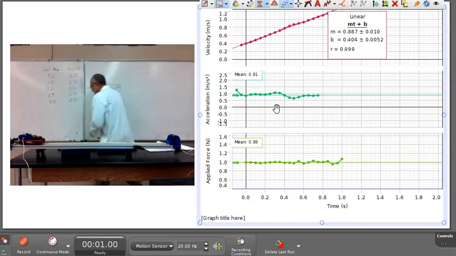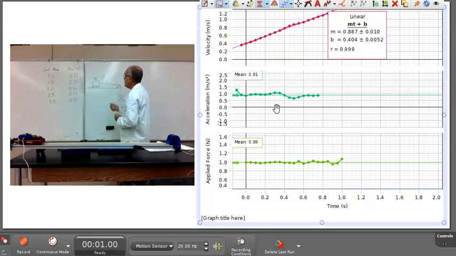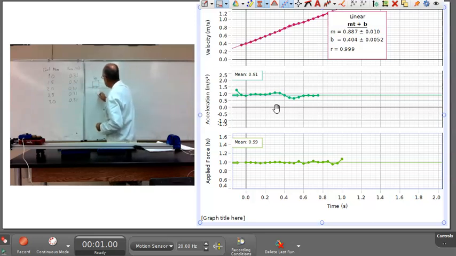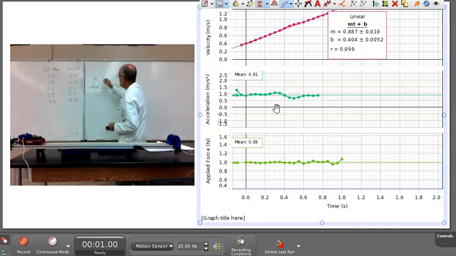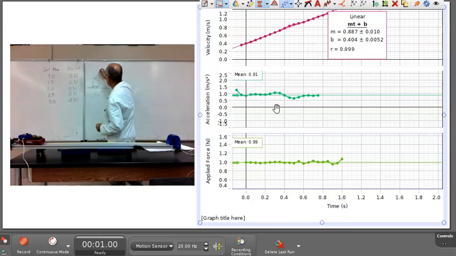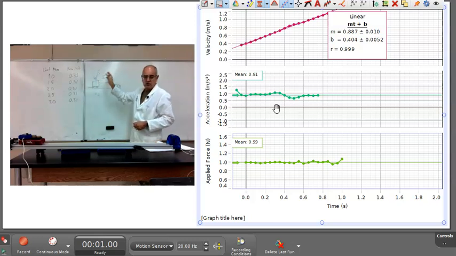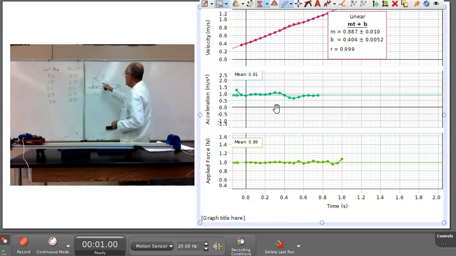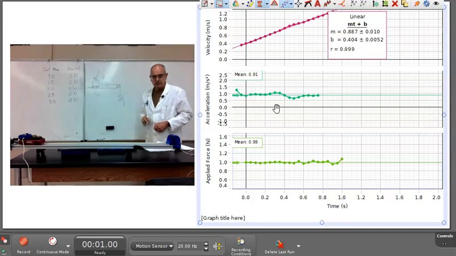Okay, so my free body diagram of the cart: I have the mass of the cart, the weight of the cart, W, pulling downward. I have a normal force pushing up, which is not going to affect the acceleration, so we can get rid of that. But I do have the cart being accelerated by a tension force going in that direction.